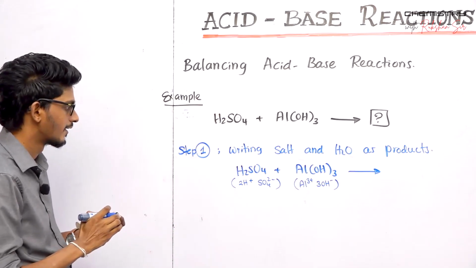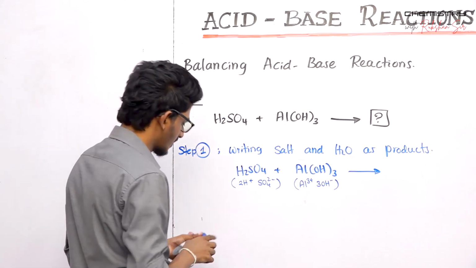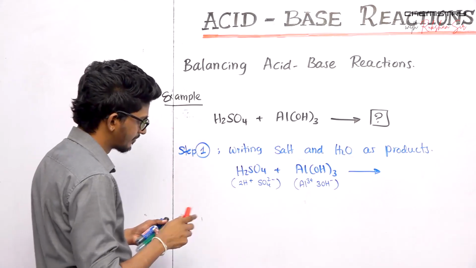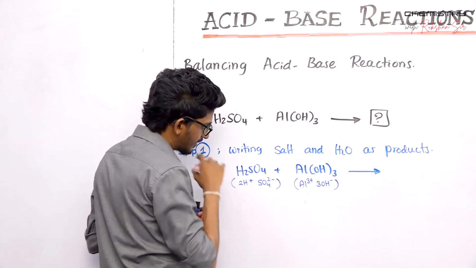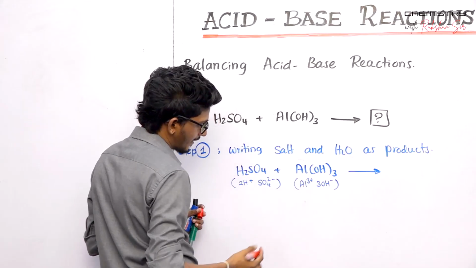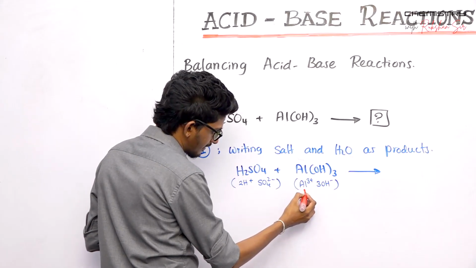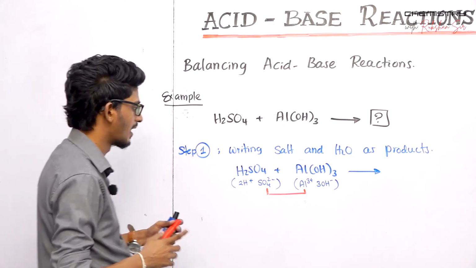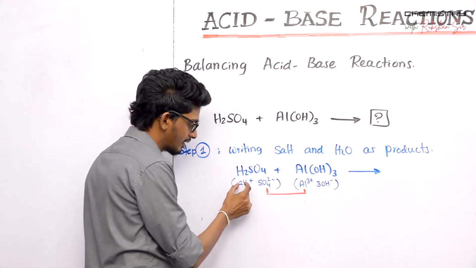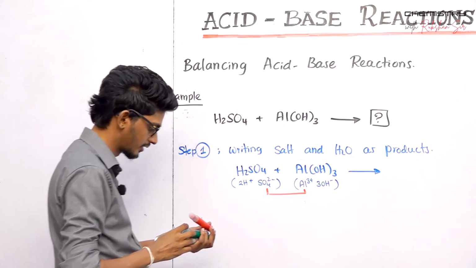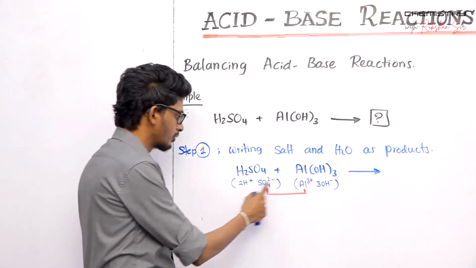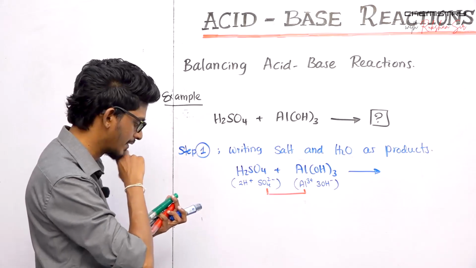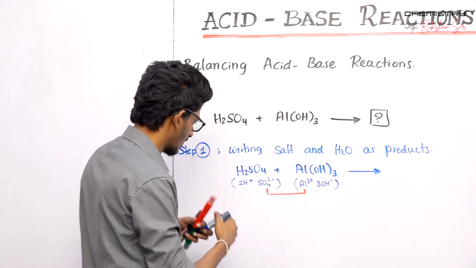Salt will be produced by the cation of the base and the anion of the acid. The part other than OH minus and the part other than H plus will be connected as the salt. The H plus and the OH minus will be connected as water. So salt and water.